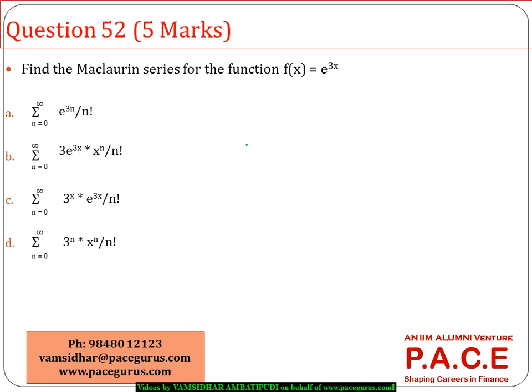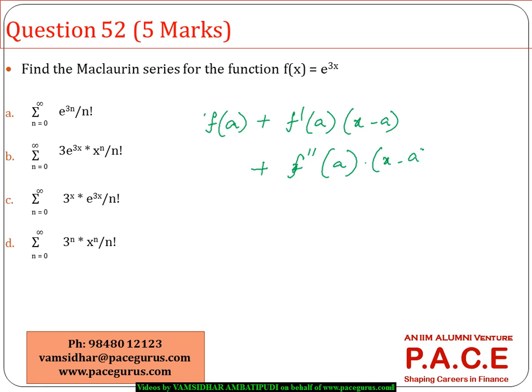Just to reiterate the formula here for a Taylor series to start with, we have the Taylor series expansion as f of a plus f dash of a into x minus a plus f double dash of a into x minus a whole squared by 2 factorial plus so on, f nth dash of a into x minus a to the power of n by n factorial. This is what we talk about as the Taylor series expansion of f of x.